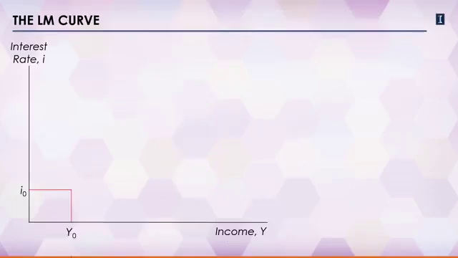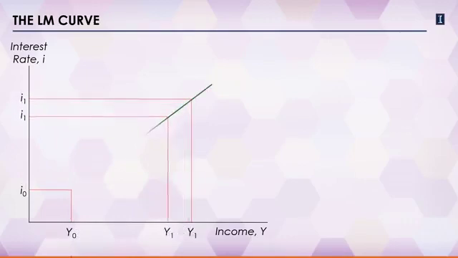In the economy, given price level, given money supply and other parameters, if real income goes up, demand for money goes up, and that pushes up interest rate. Conversely, if real income declines, interest rate also declines, and the point representing the combination of interest rate and income follows a path which we call the LM curve.